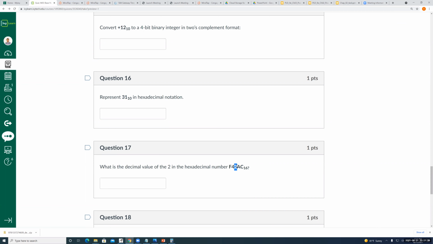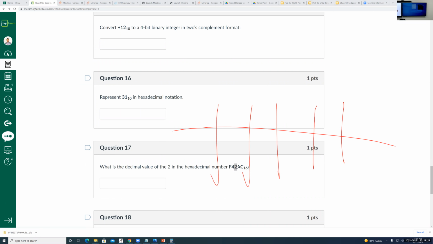That'd be hundreds, right? Now let's see, you have the columns here, right? This one is the first column, right? So we have 16 raised to power 0, 16 raised to power 1, 16 raised to power 2, 16 raised to power 3, and so on. You have 1 here, you have 16 here, you have 256.